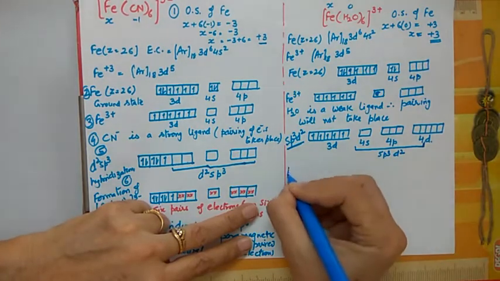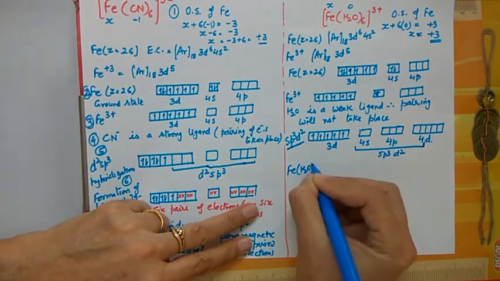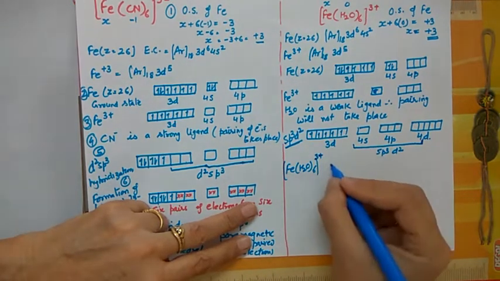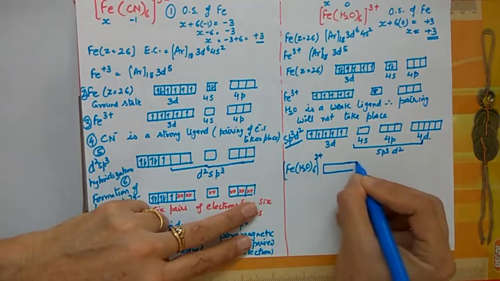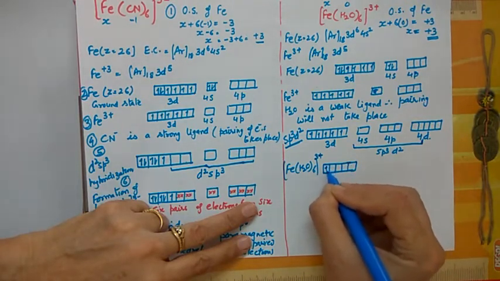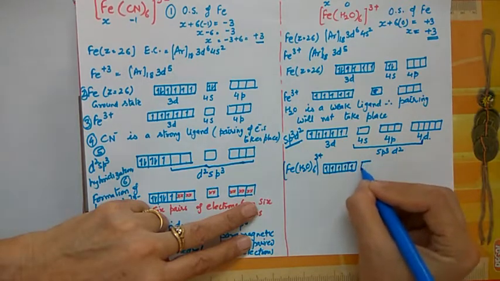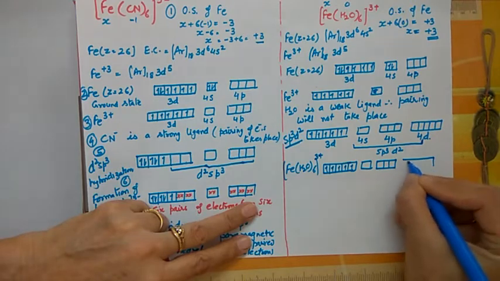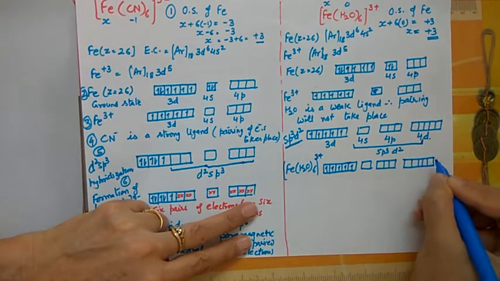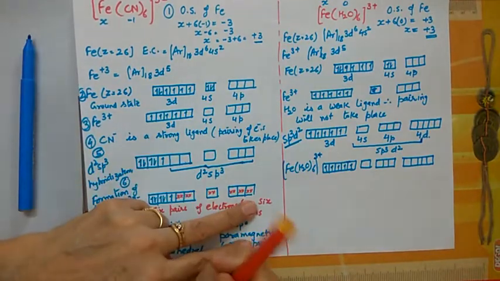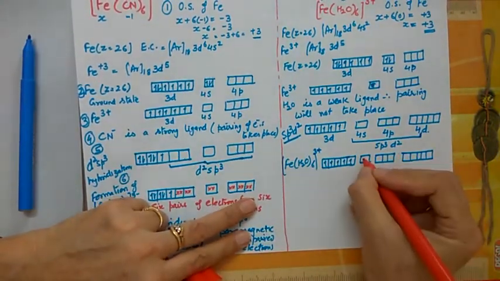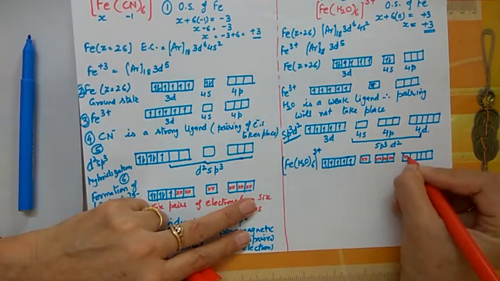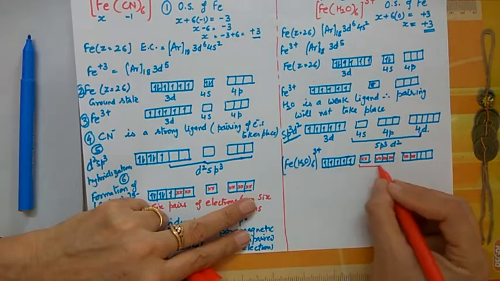sp3d2, and formation of this complex with water will be 3d, then 4s, then 4p, and these ligands will donate their electrons in these 1, 2, 3, 4, 5 and 6, right?